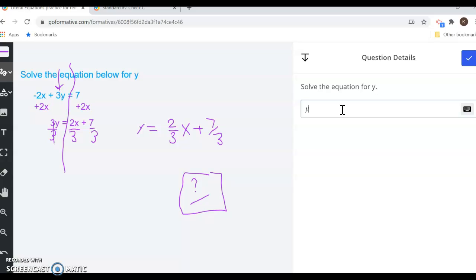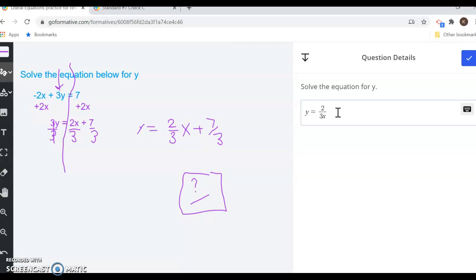So I'll go y equals 2 backslash. And then I'll put the 3 on the bottom. You can either click outside of the fraction or you can hit the over button to get your x out of the bottom, because otherwise it would look like this, and you don't want your x to be in the bottom.